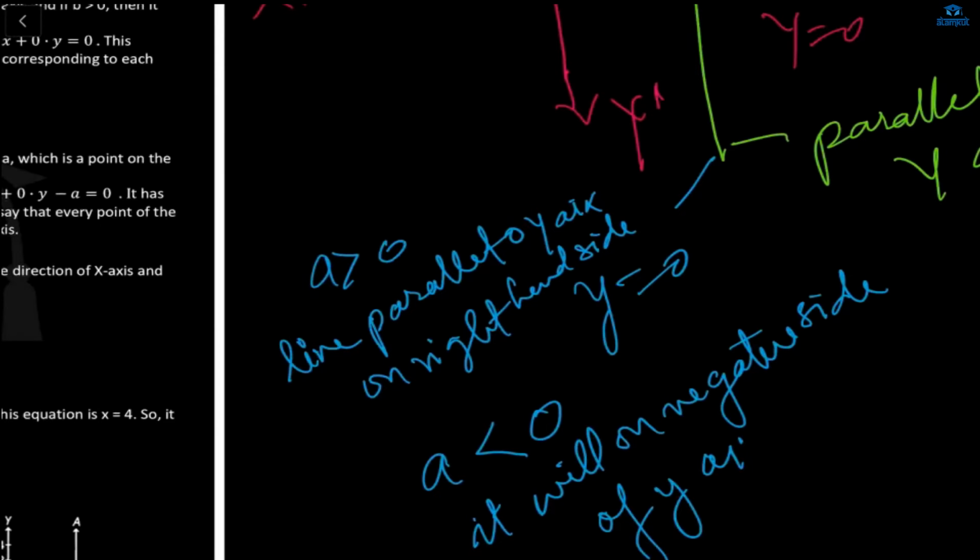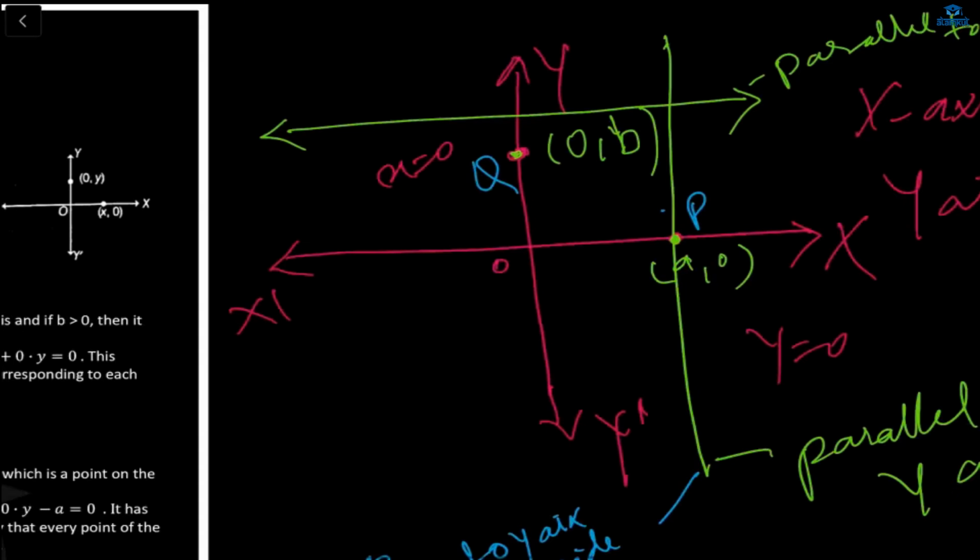Similarly for b, for the point Q: if b is greater than 0, the line parallel to the x-axis lies above, on the positive side of the y-axis, and if b is less than 0, it lies on the negative side of the y-axis. The equation of the line parallel to the y-axis is x is equal to 0, and for this one it is y is equal to 0.